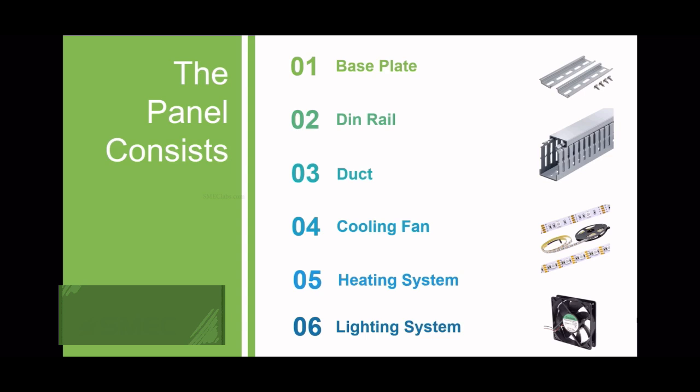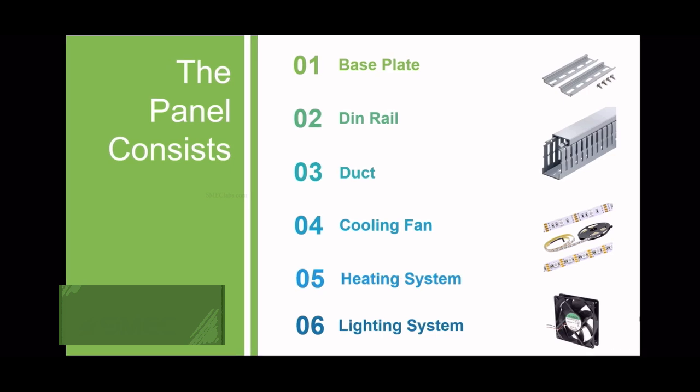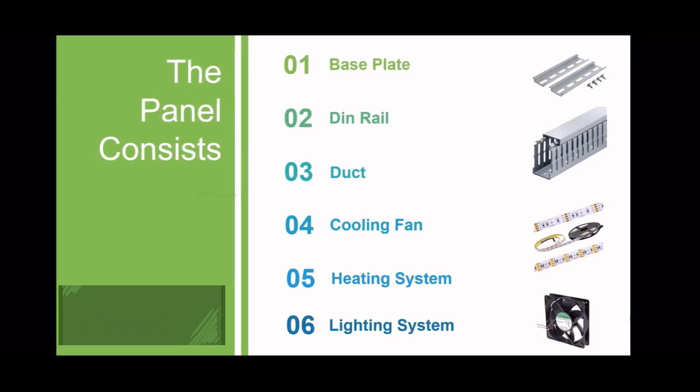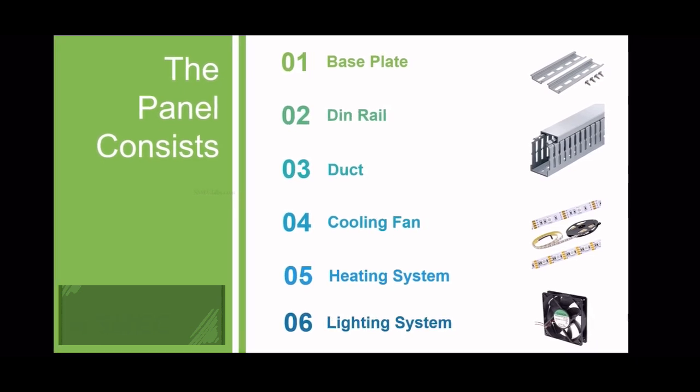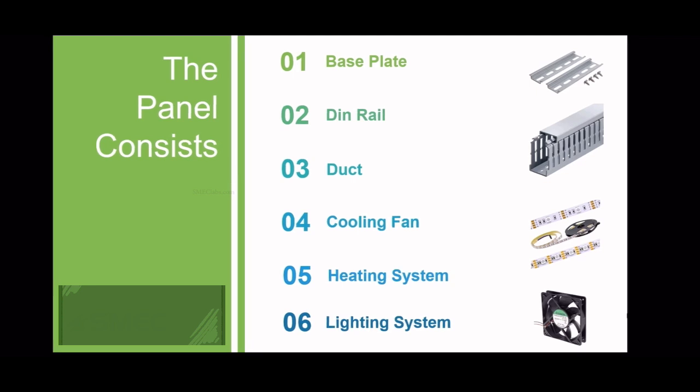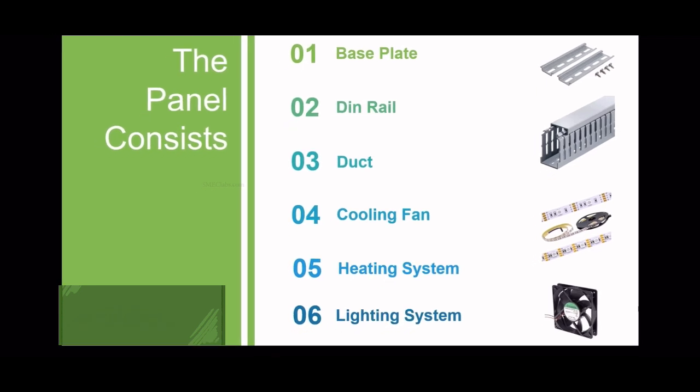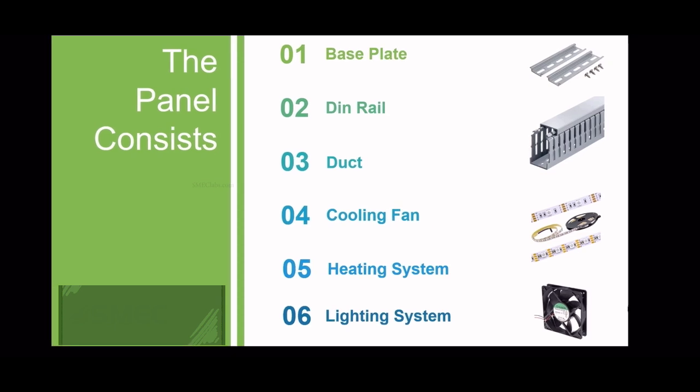All the components are fixed there on the DIN rail, like the MCBs and the PLCs and all the terminal blocks, relays. Then the next one is the duct, the wire laying duct for protection, and conjectural feeling is avoided by using these ducts. Inside through this duct, the wiring is done.